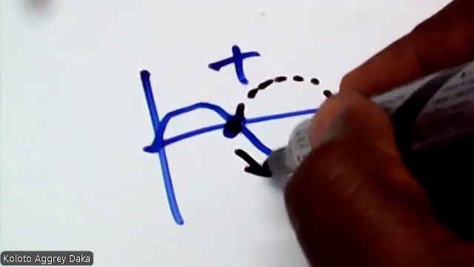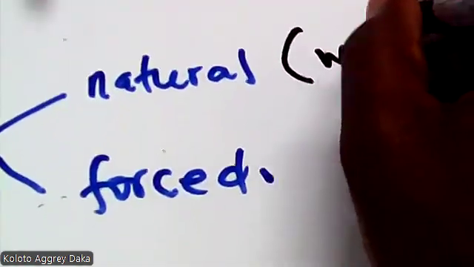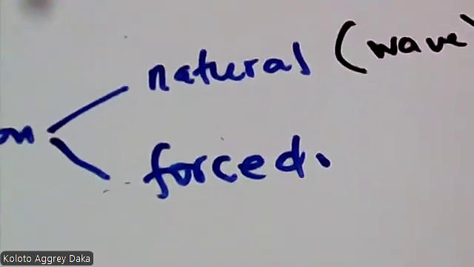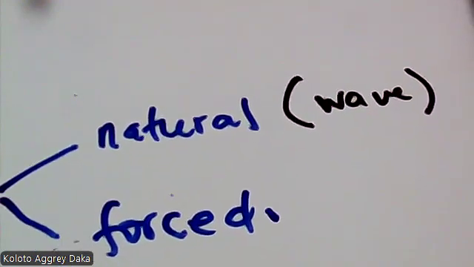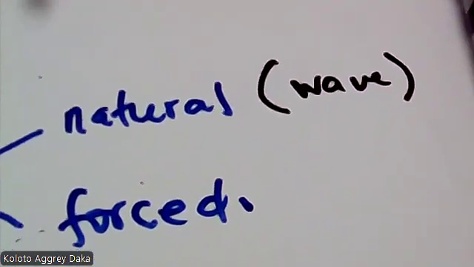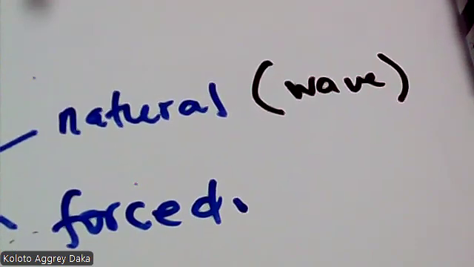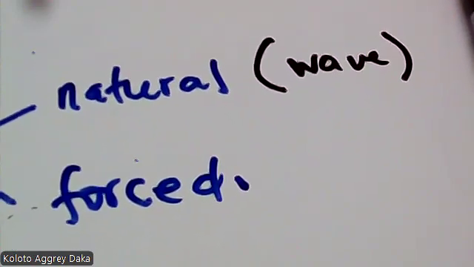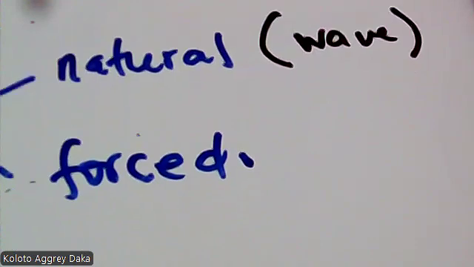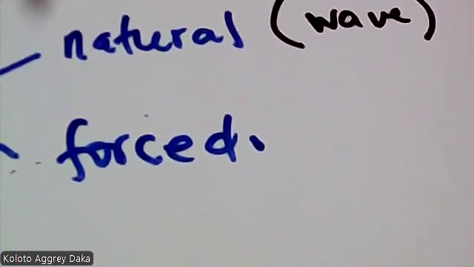Instead of current going this side, you change it to pass through another path. It happens naturally. So natural commutation follows the waveform. It happens by simply following the wave of the supply voltage.